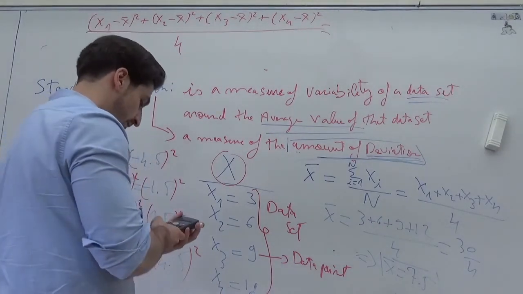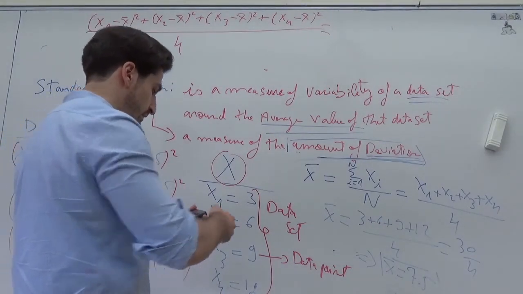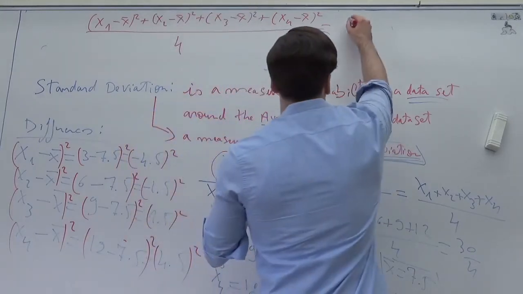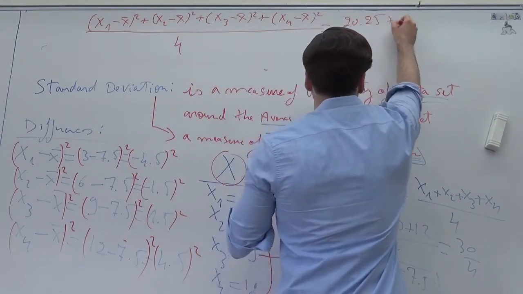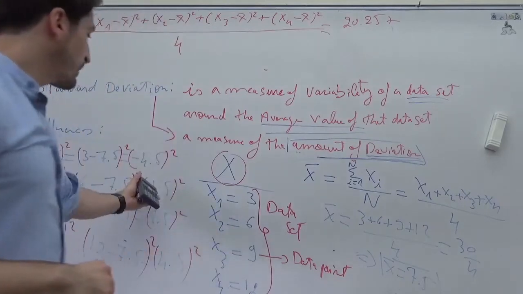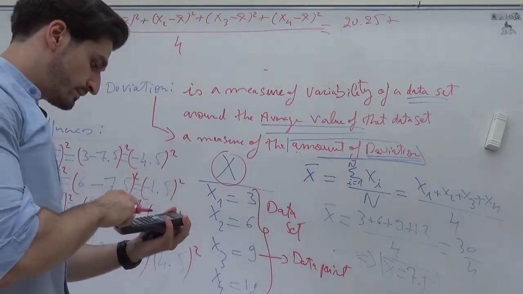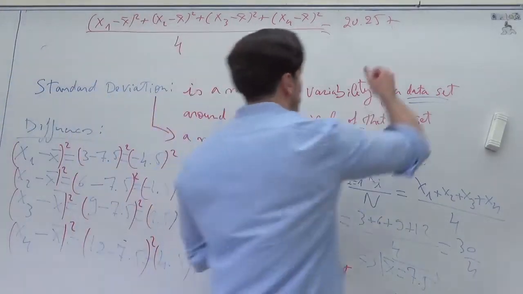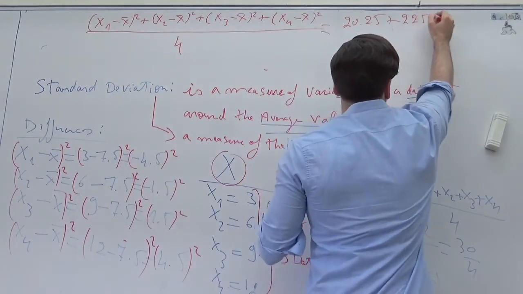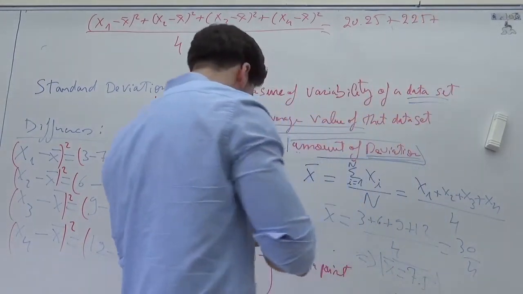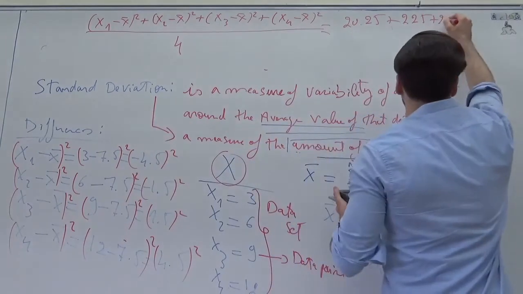So over here we have 4.5 squared, which is equal to 20.25, plus 1.5 squared, which is equal to 2.25, plus also 1.5 squared, which is 2.25.